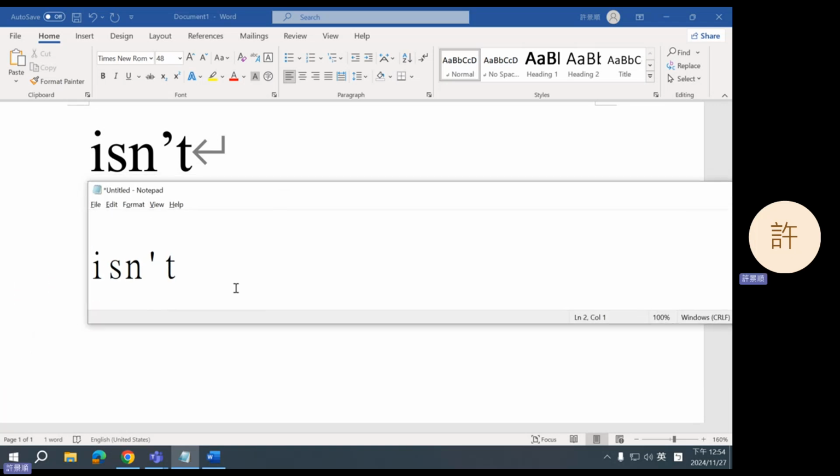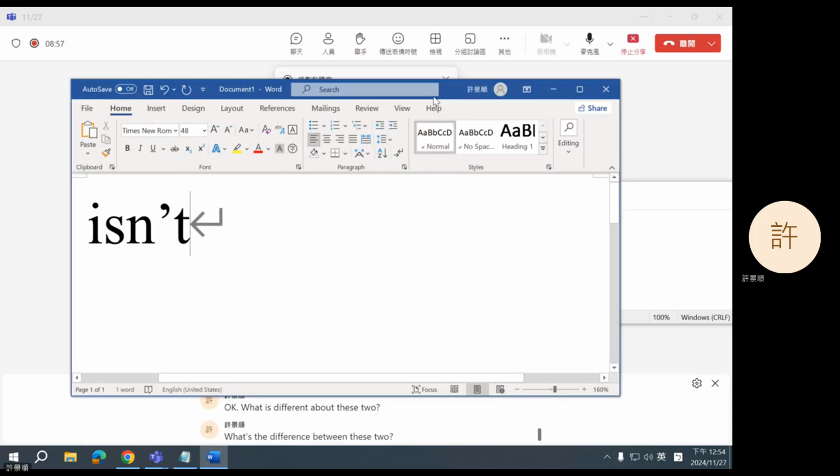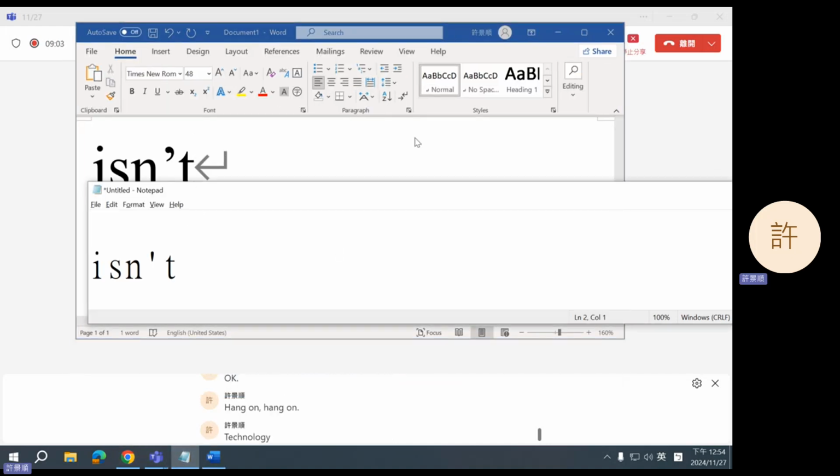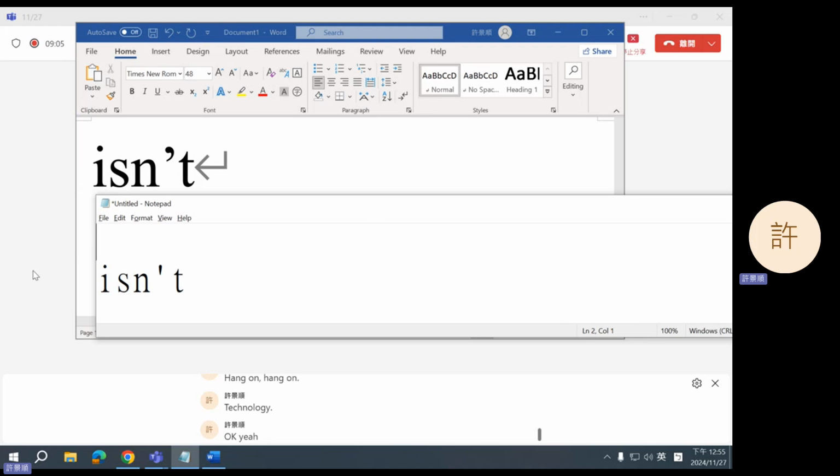Okay, what is different about these two? What's the difference between these two? Okay, hang on, hang on. Technology. Okay, yeah. What is different between these two?